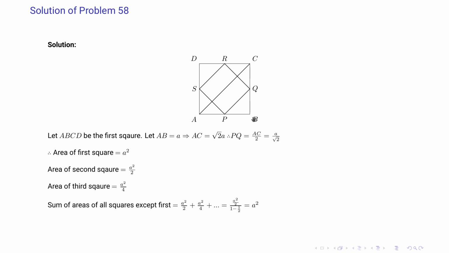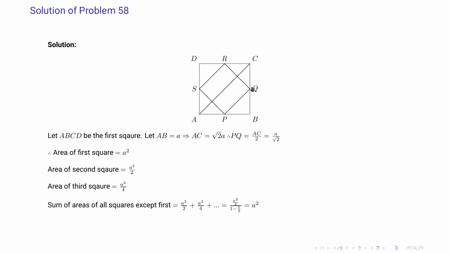You see triangle ABC, and you see triangle PBQ. Look at the sides here. This angle B would be common in both the triangles. Now QB is half of BC, and PB is half of AB.